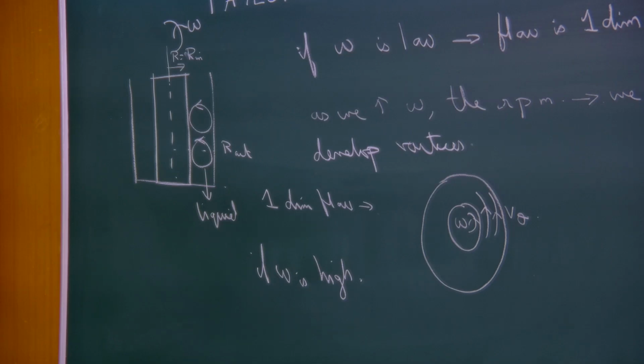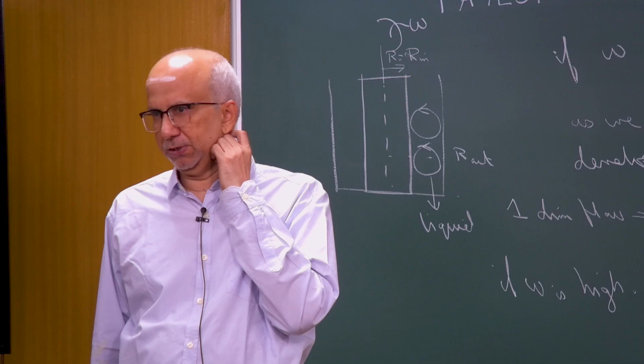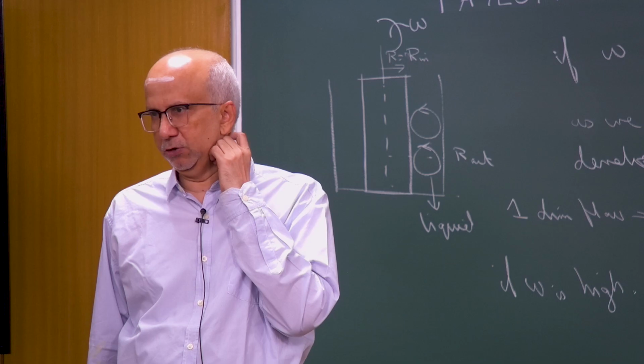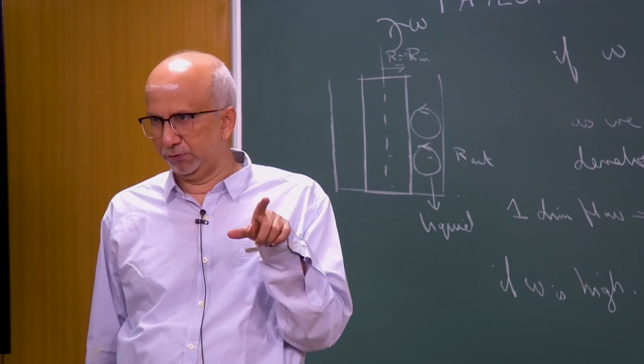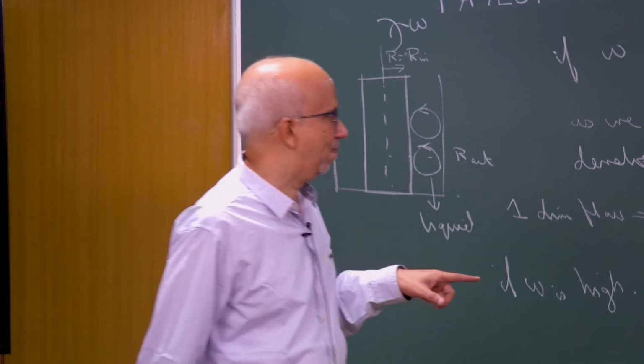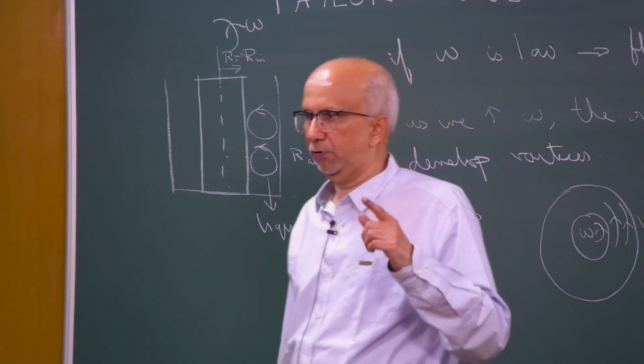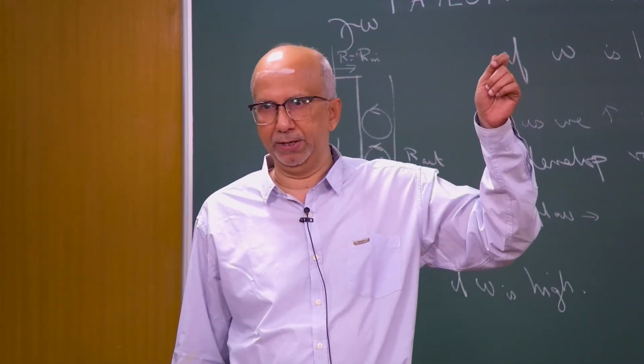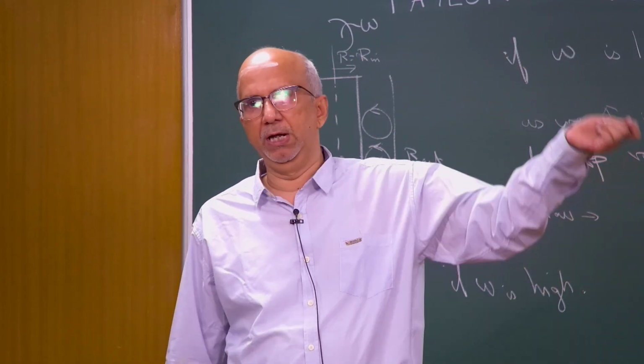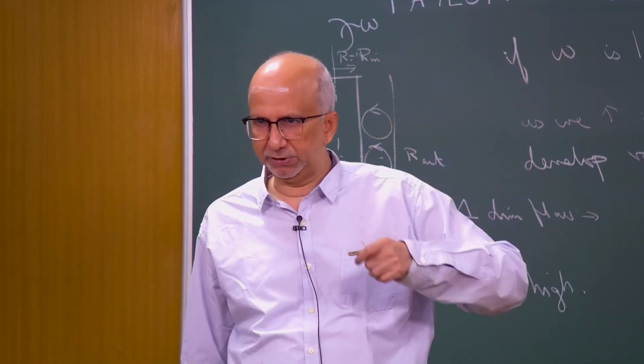Now, why do these vortices appear? Because we are having a cylindrical geometry. You have a centrifugal force acting on it, V theta squared by R. Okay, this centrifugal force is going to push the liquid out, and because there is a wall, it will come back because of continuity, and you see vortices.